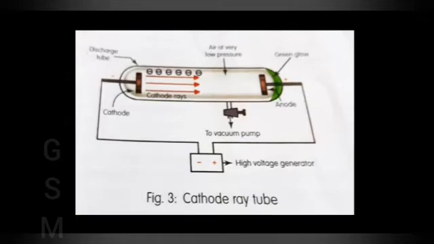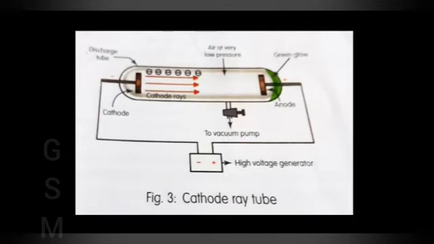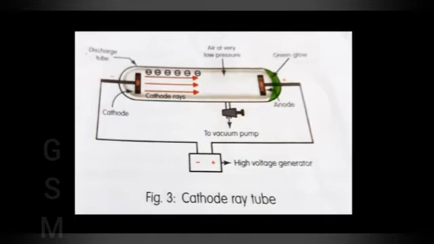The glass tube has a side tube through which air is pumped out to provide low air pressure inside the tube. It was found that certain visible rays traveled between the two electrodes when high voltage was applied to the discharge tube at low pressure.